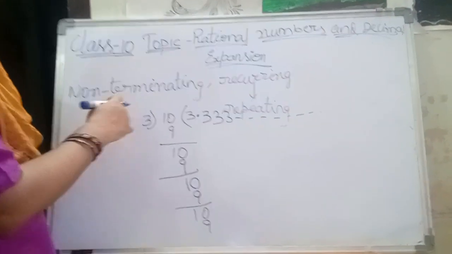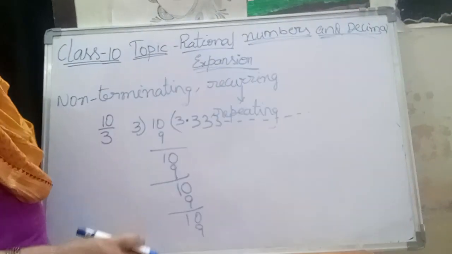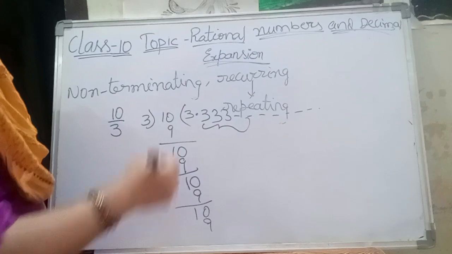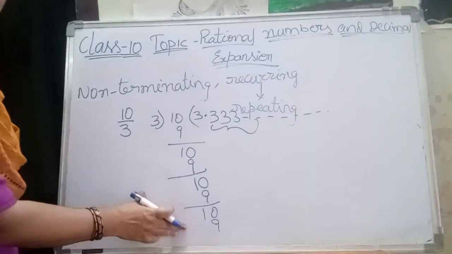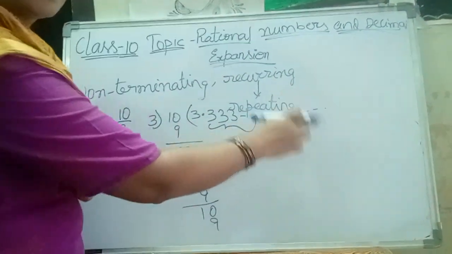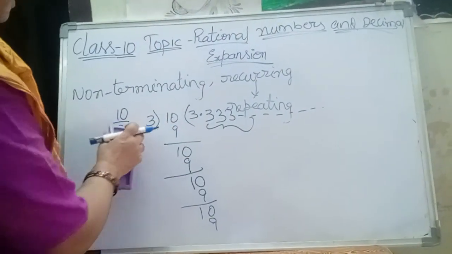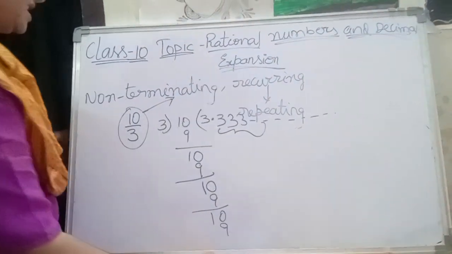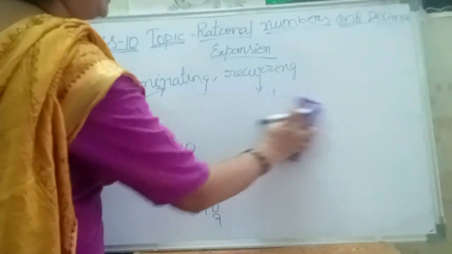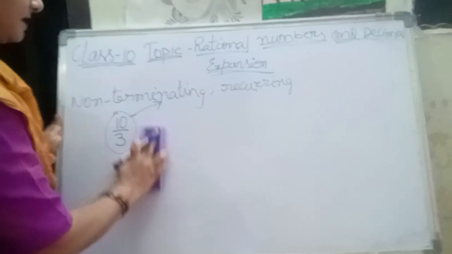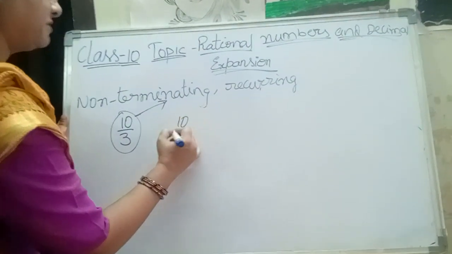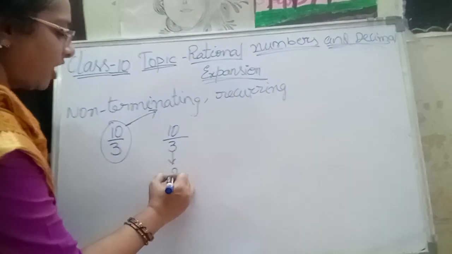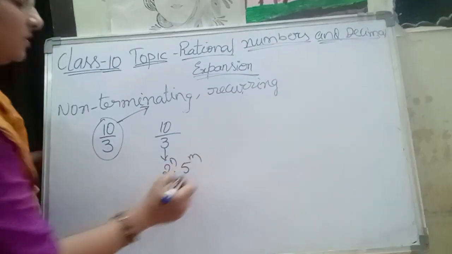This type of decimals is called recurring. Recurring means here 3 is repeating so many times. Here you are not getting 0, here 3 is not ending. So you call this type of decimal a non-terminating recurring decimal. Say for example, for this 10 by 3, we are not able to write the denominator in the form of 2 power n into 5 power m, no?